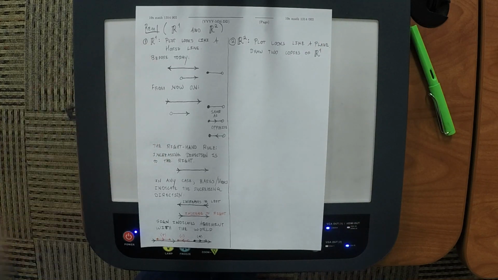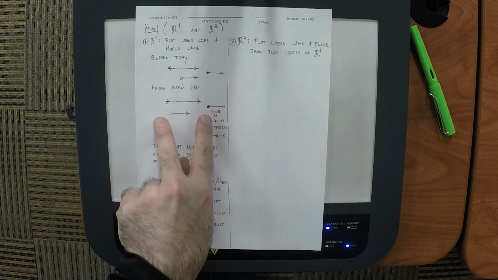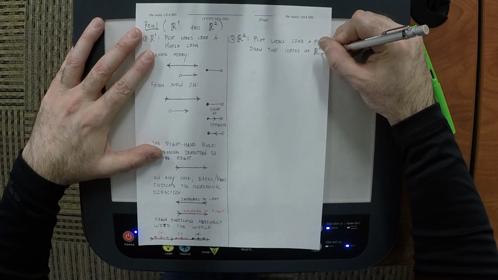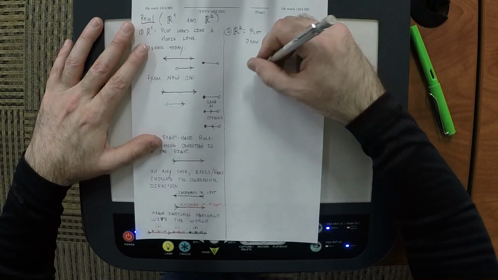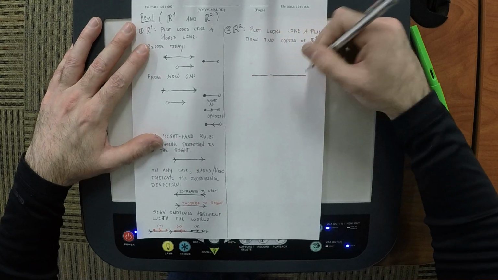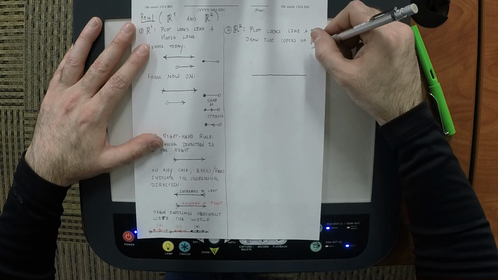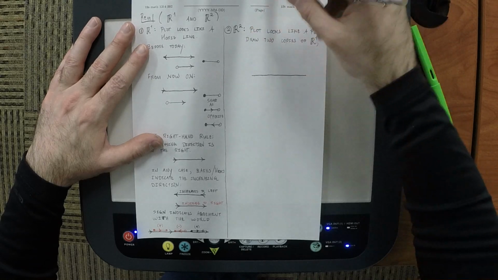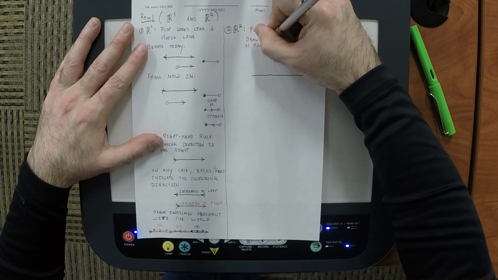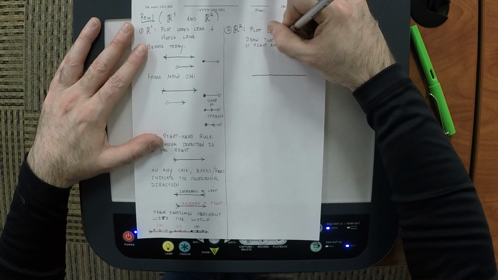And we're going to draw two copies of R1, so two of those, two of those, and it's going to look like this. So here's the first one. We're going to make these two copies at right angles, like this, so right angles.